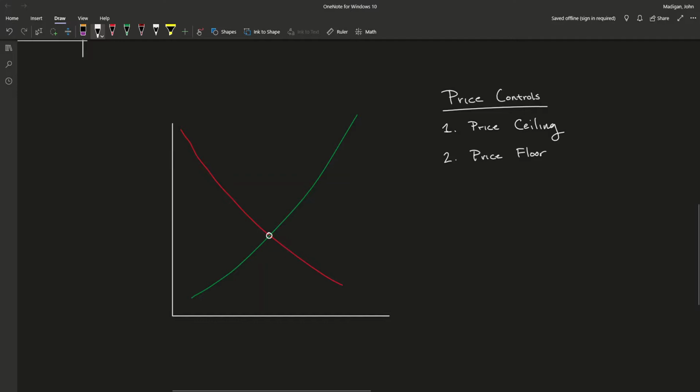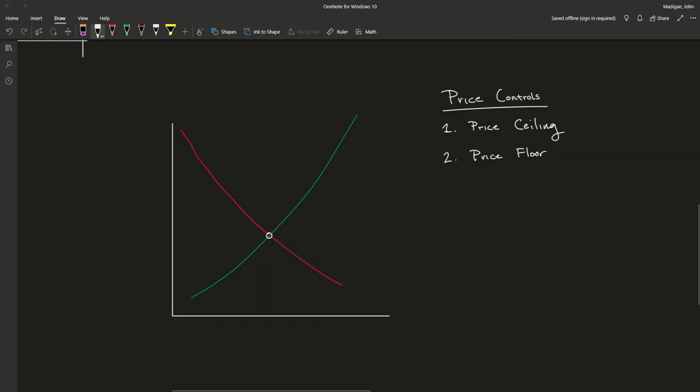So, just like a minimum wage, you cannot pay below a certain amount. In the same way, with price ceilings or price floors, you cannot pay, or you cannot make people pay above or below a certain point.